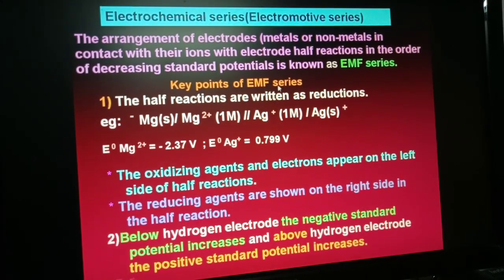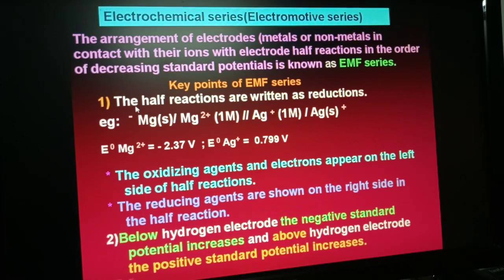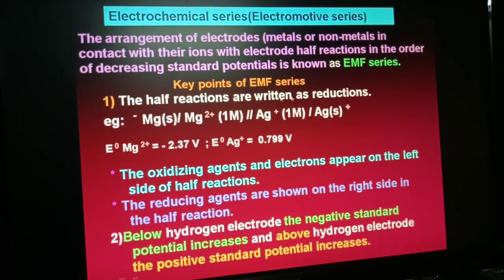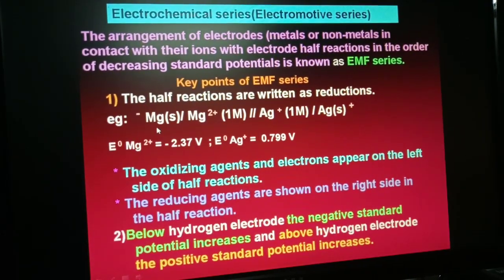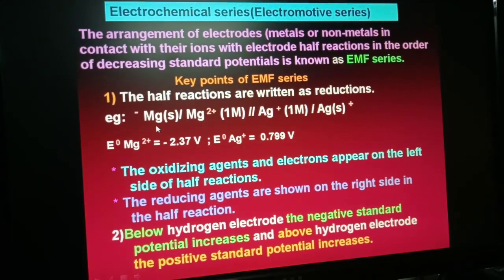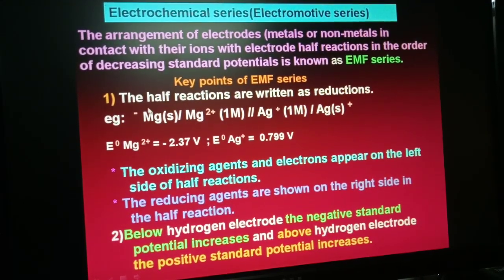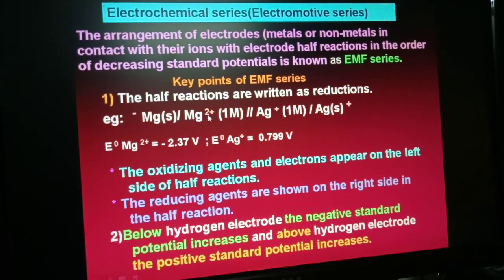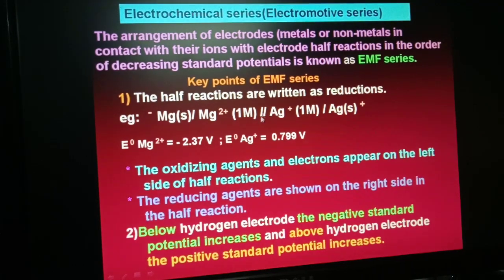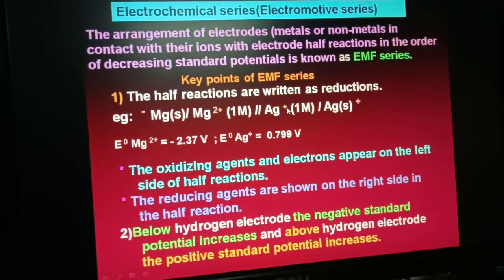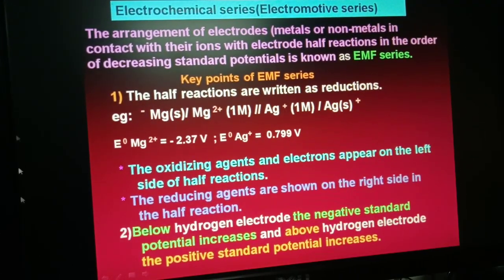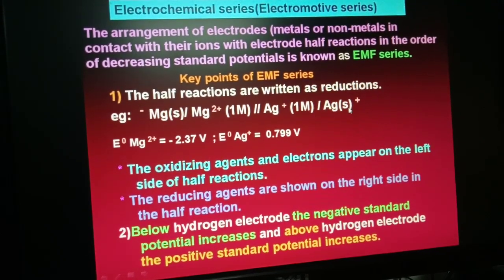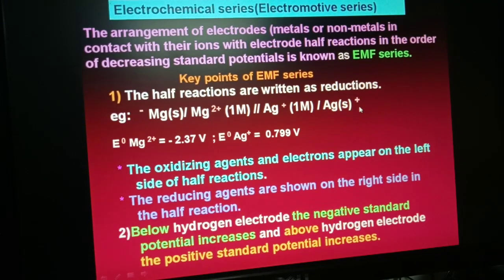Now let us see the key points of the EMF series. The half reactions are written as reductions. Now in this cell formula, we find magnesium is the anode. It is in direct contact with Mg2+, whose concentration is 1 molar, which is connected to Ag+, whose concentration is 1 molar, in direct contact with solid Ag, which is the cathode.